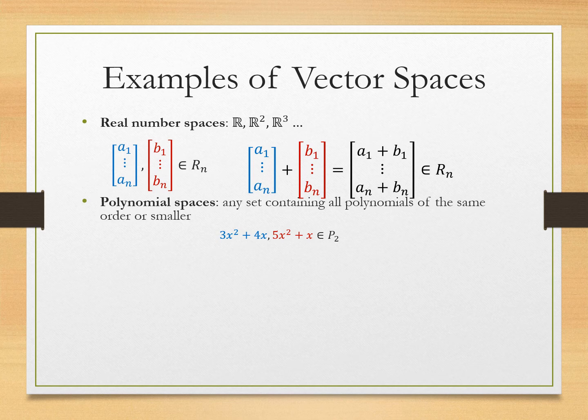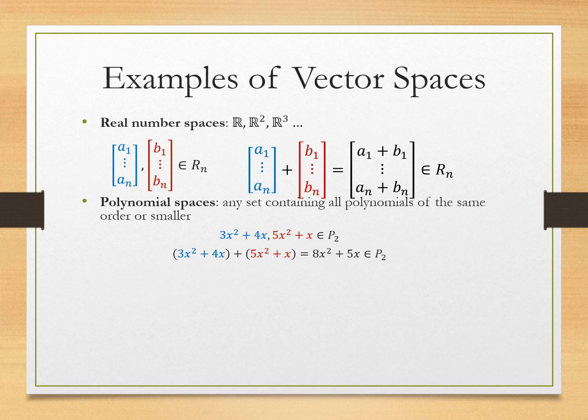And then you have 5x squared plus x, that's also a polynomial of order 2. They are polynomials of order 2 because they both have x squared. Add them up, you get 8x squared plus 5x, which is another polynomial of order 2, right? So if you have a set of all polynomials of order 2 or below, then these three polynomials are all within that set. So it's self-contained in that way.